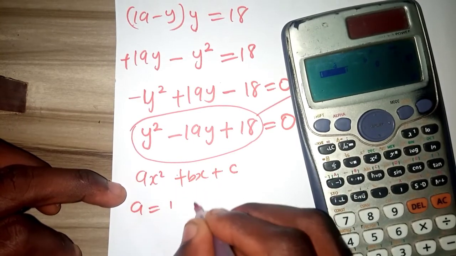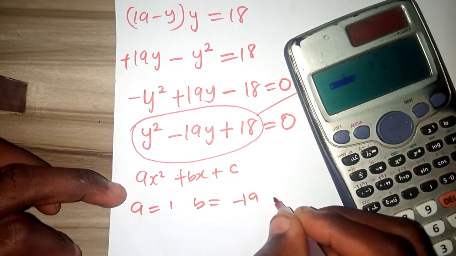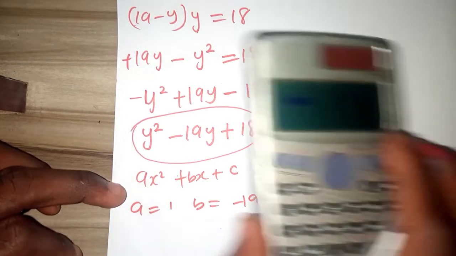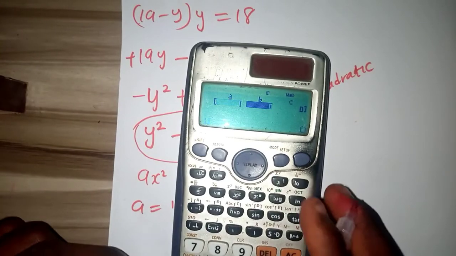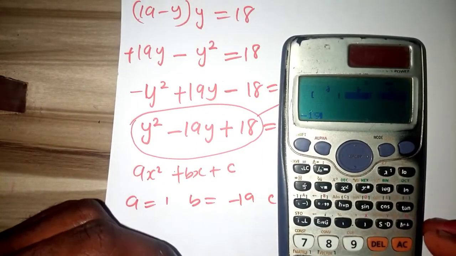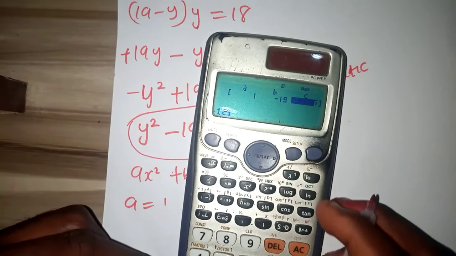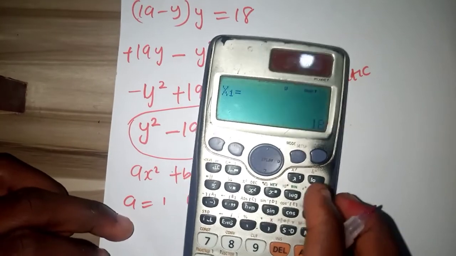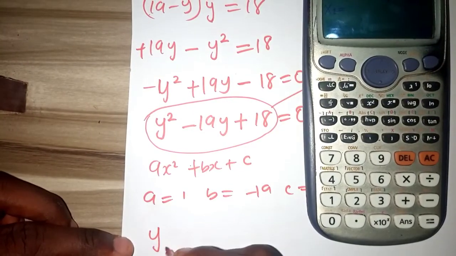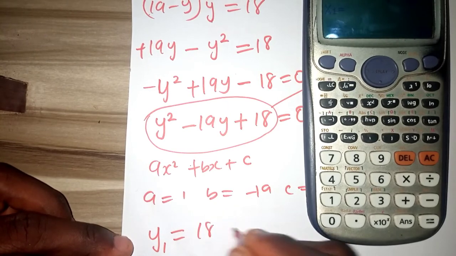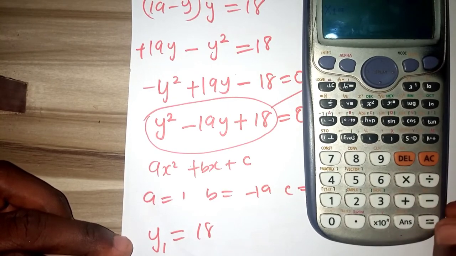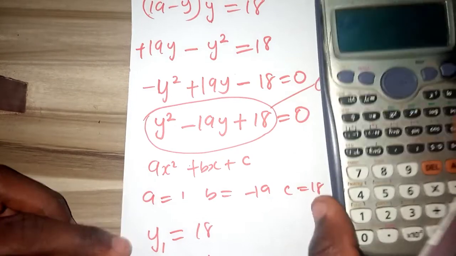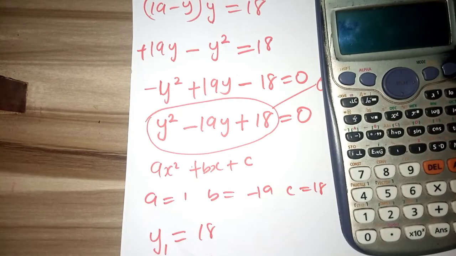Your a equal to 1, your b equal to minus 19, your c equal to 18. So just press 1, your b is minus 19, and your c is 18. So your x1, which is your y1, equal to 18, and your y2 equal to what? 1. If you check it very well, that should be the correct answer for it.